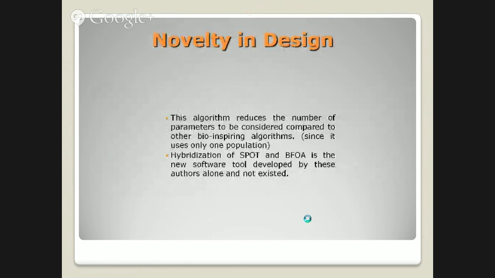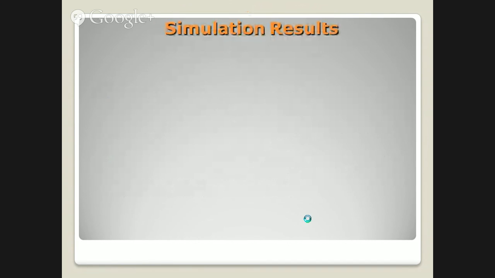So why we should introduce this novel technique is, in other cases, we are always searching, either in PSO or BFO or other bio-inspired algorithms. We have a number of parameters, and people who are new to this research field have to study more.